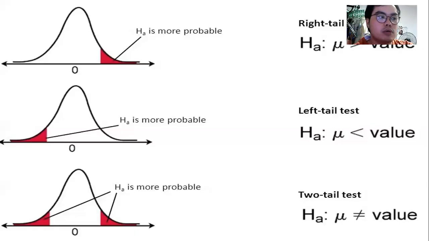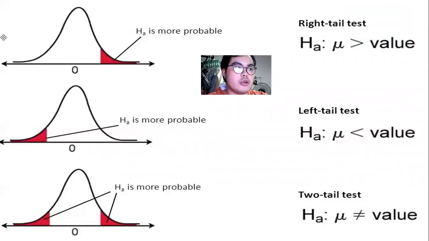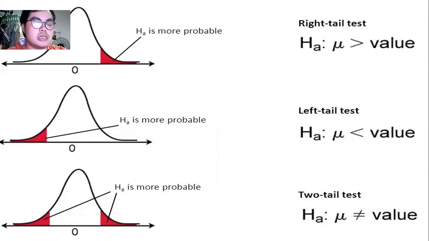Okay, so here are the following illustrations according to the type of test. If it's a one tail test, here are the two cases, right or left. If it's right, and the z value is greater than the critical value, then we reject the null hypothesis and this leads us to the alternative hypothesis.